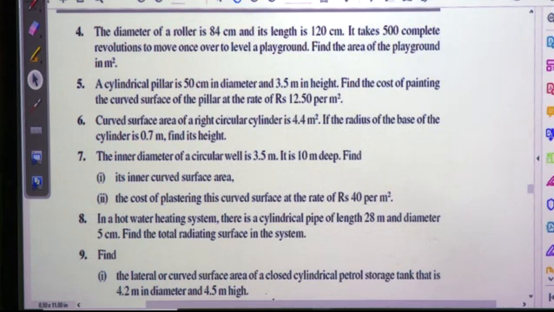What is the situation? There is a roller whose diameter is 84 centimeter and its length is 120 centimeter. It takes 500 complete revolutions to move once over to level a playground. Find the area of the playground in meter square.